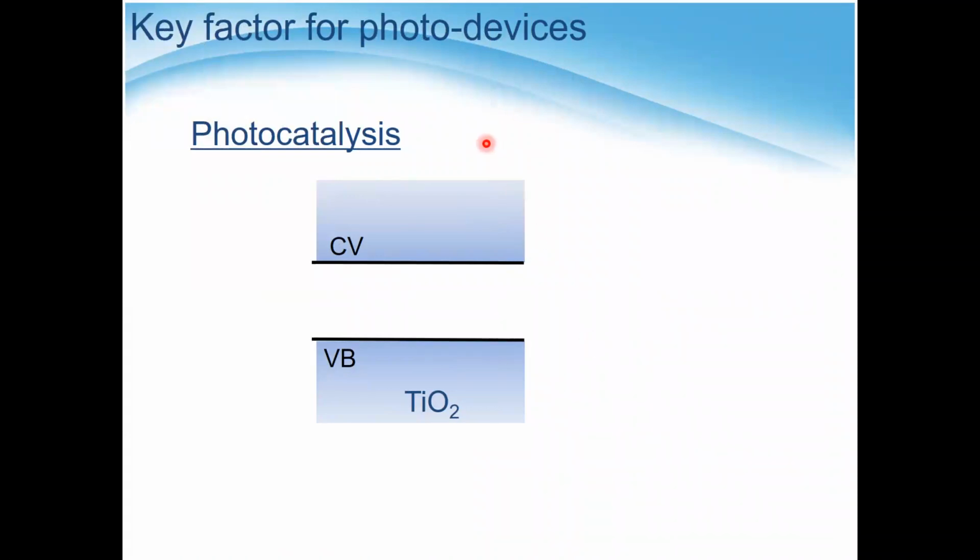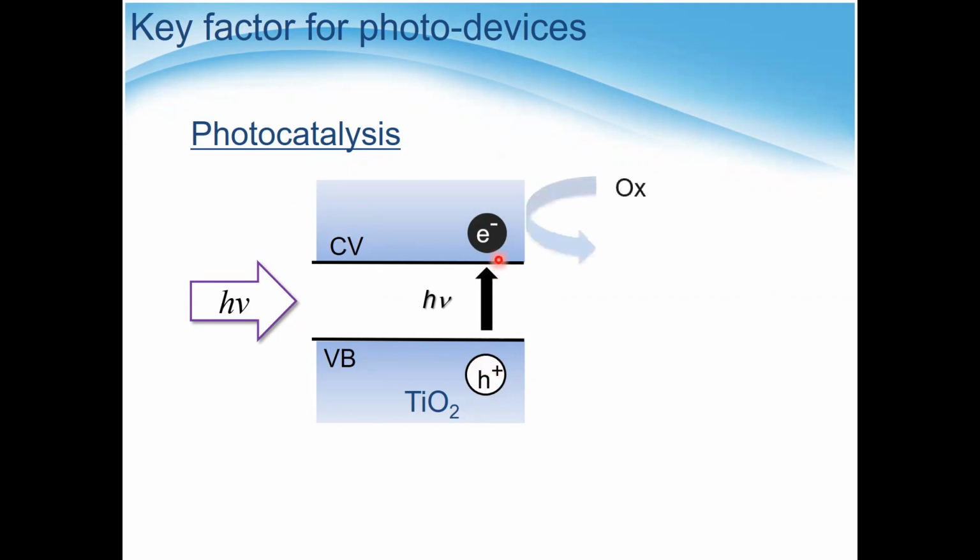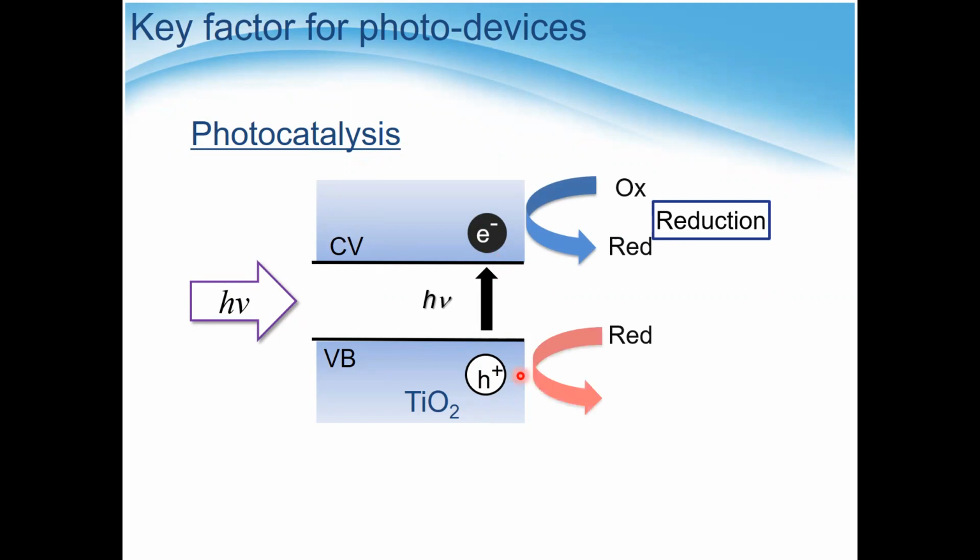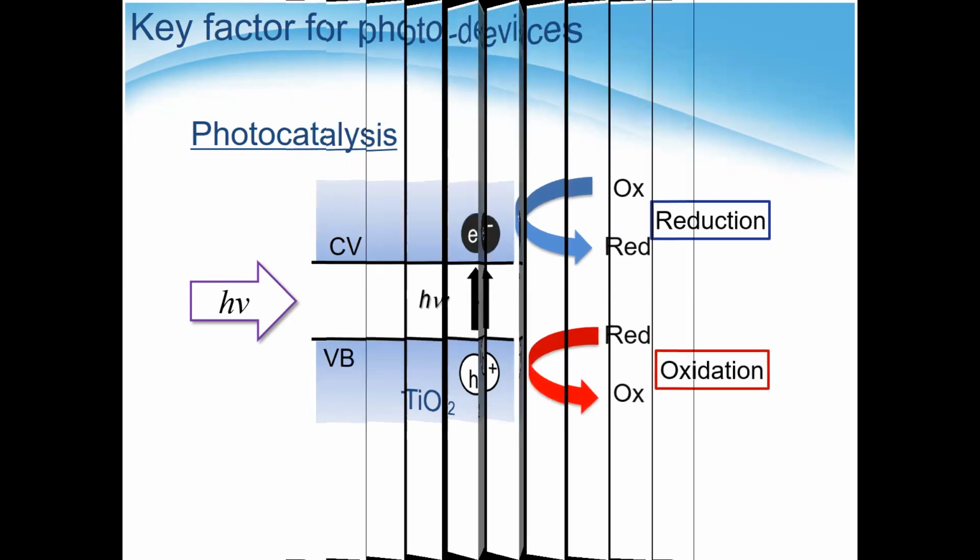So when we think about the key factors for photo devices in terms of the mechanism, first here is a photocatalyst. Here's a TiO2 case. When the light is illuminated, electron is excited and the holes are generated. And electron is used for reduction reaction, and holes are used for the oxidation reaction.